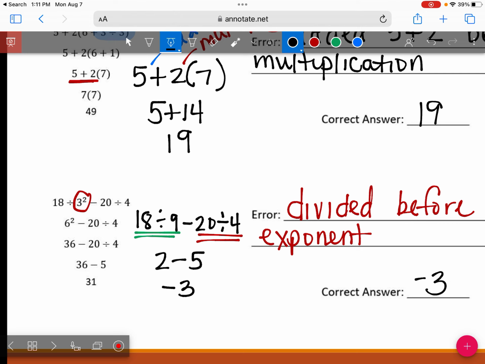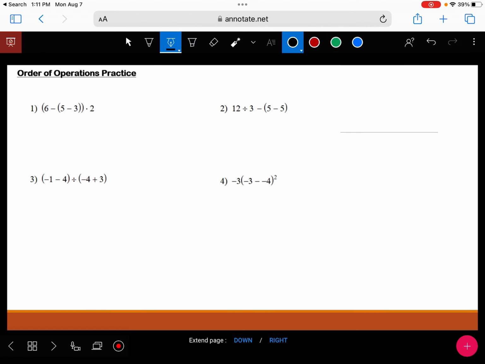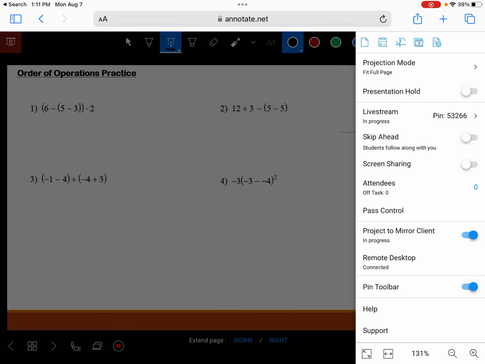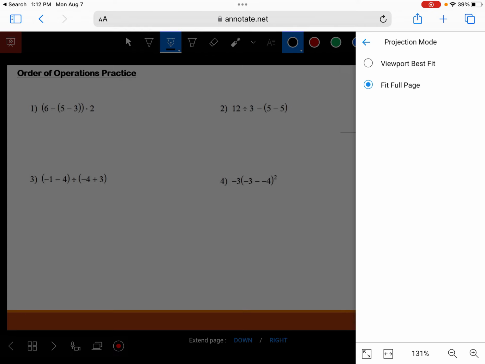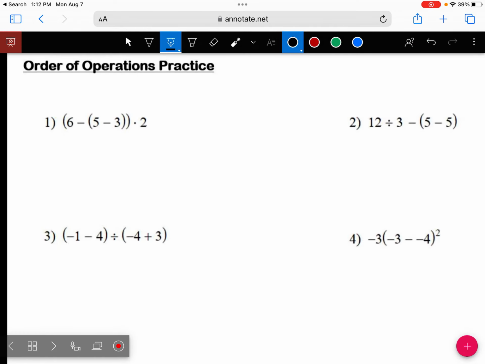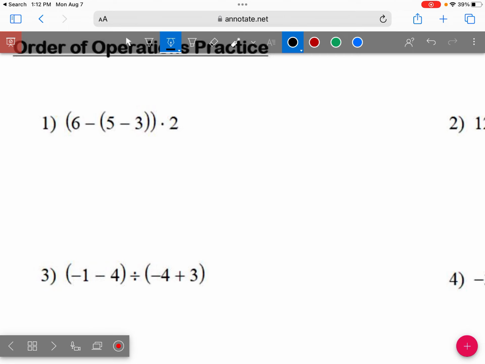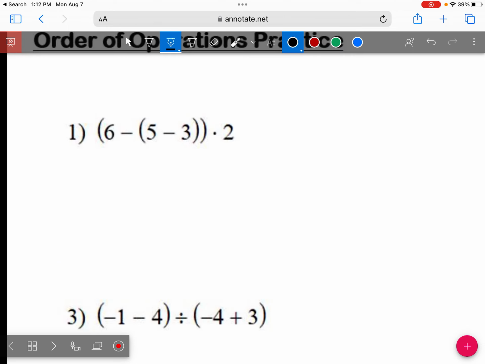Okay, so we're actually almost done. We're going to do just a couple more questions and then we'll end there. So going to the next page, now I want you to try. Now it's important though that you show your work. Now it's nothing wrong with using a calculator to check your answer, but you need to show how you got the answer. So let's go ahead and start off with number 1. And let's work through it together. So we're going to start off with our parentheses, which would be the 5 minus 3.